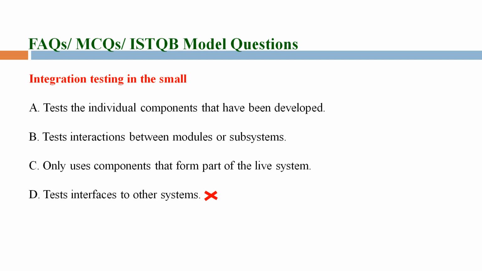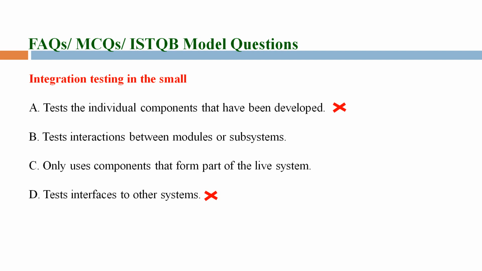See here, the first, test interfaces to the other systems. Interfaces to the other systems means it is system integration testing, not integration testing. That is integration testing on a large scale, right? And the next, that tests the individual components that have been developed.